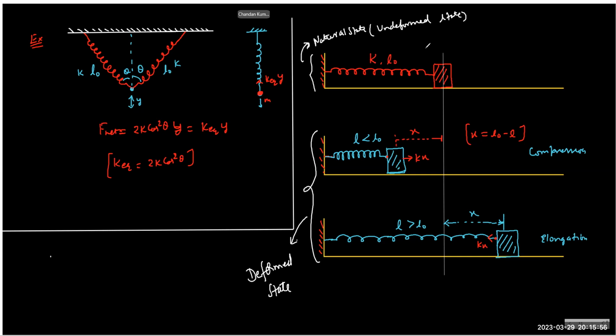So it is stored while getting deformed, and when it goes back to the natural state, the work becomes positive. So this is a very interesting fact about spring force. It can do both kinds of work, positive as well as negative work. Yes or no? Yes, sir.